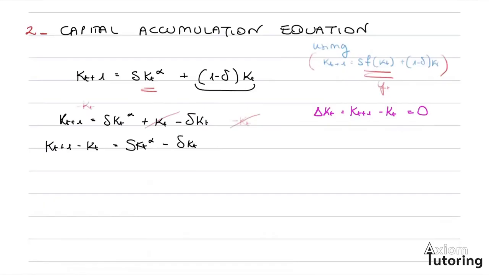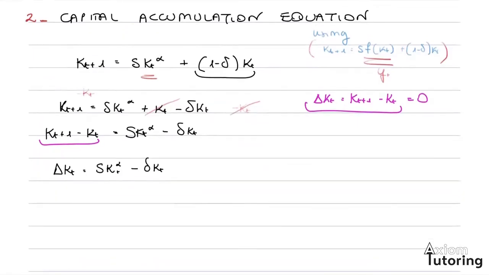And we can now plug in this identity that we defined so that this becomes our delta k_t. And we can see that now this is equal to savings rate times production function minus depreciation rate times capital today.